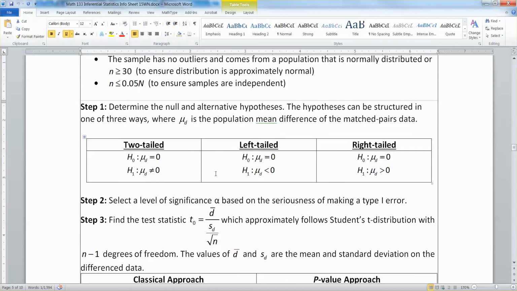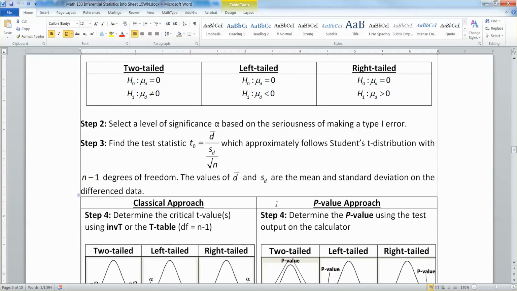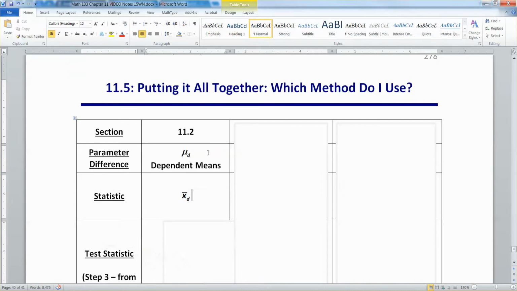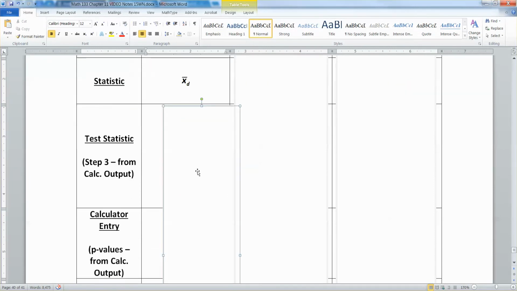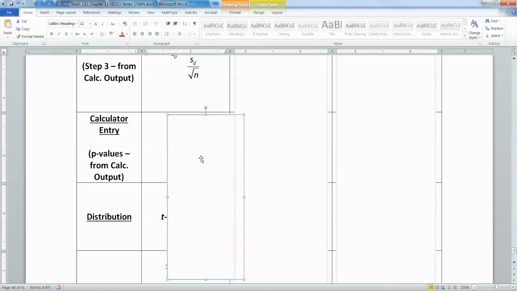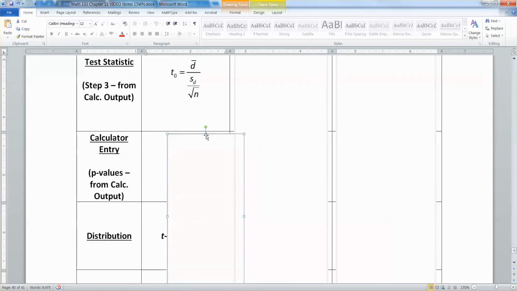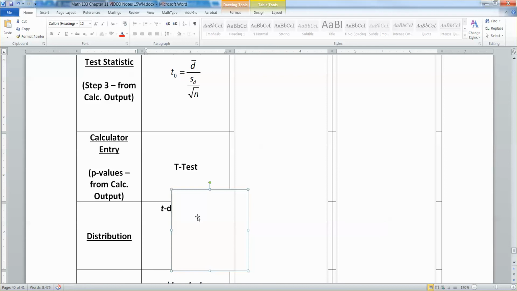That'll give us our test statistic value as well as our p-value if we're doing the p-value method. So the test statistic is step 3, and the calculator is the t-test. And don't forget that the test statistic is from step 3, but it can come from the calculator output. And then the t-test, that same calculator output, will give you your p-value.